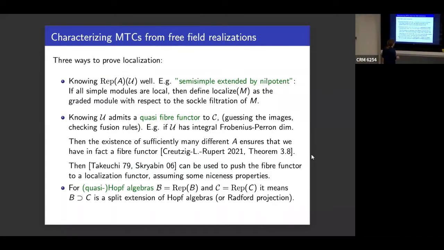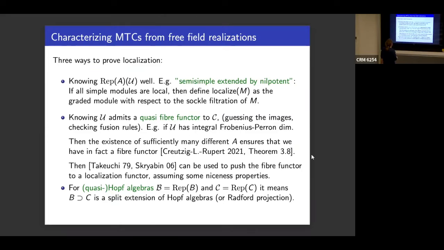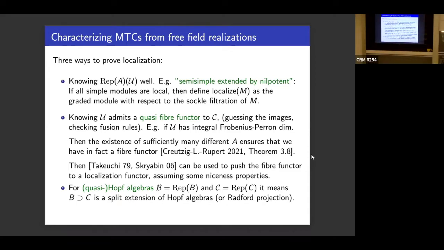And how can we prove such a property? There are basically three different ways one can prove this. If we know these twisted representation categories well, then we can prove this property. If you know B well enough, then we can prove such a property. For example, the case that would be relevant to us is this case, semi-simple extended by nilpotent.